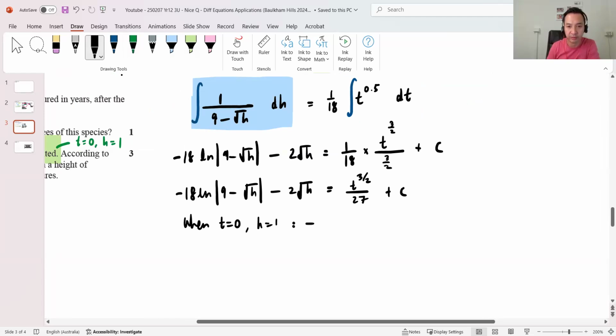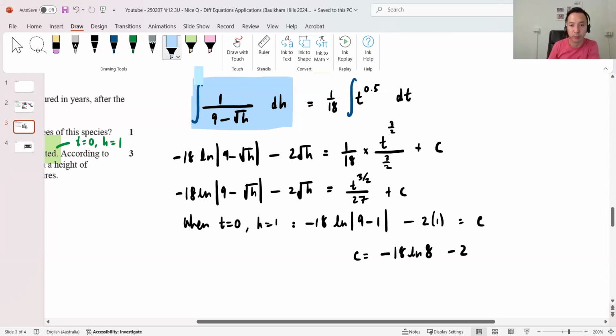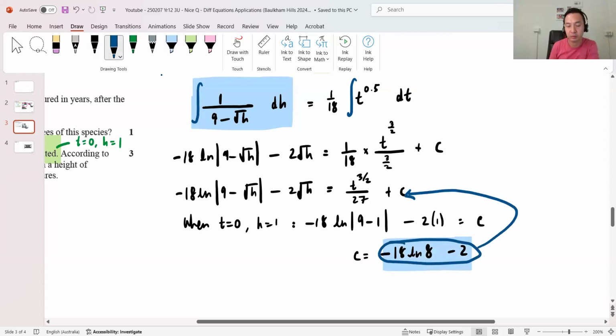So then negative 18 ln 9 minus 1, then square root of 1, then 2 times 1 equals c, right? Because that's 0. So then c equals negative 18 ln 8 minus 2. All right, so once you get that, we plug this back into the constant that's missing there.